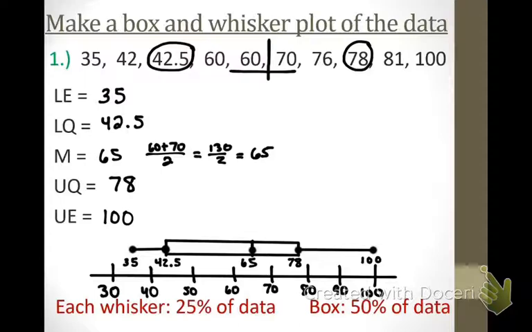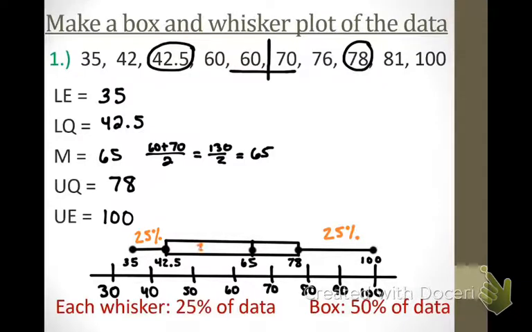Now there's something that's very important that I want you to know that I wrote down here at the bottom. Each one of these whiskers represents 25% of my data. So you can see right here, this is 25%. And this other whisker over here is also 25%. How much does my box represent? 50%. Does that make sense?